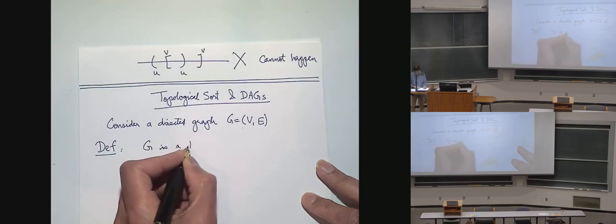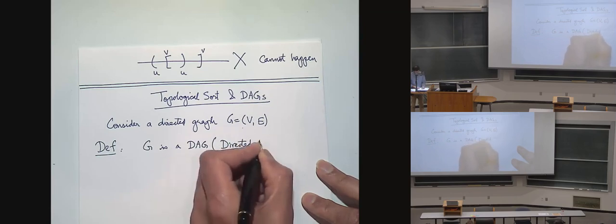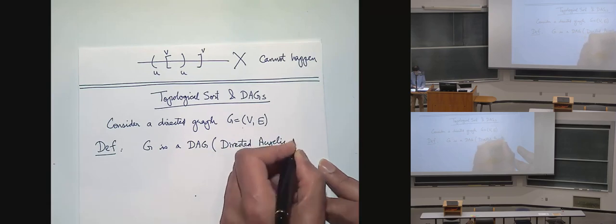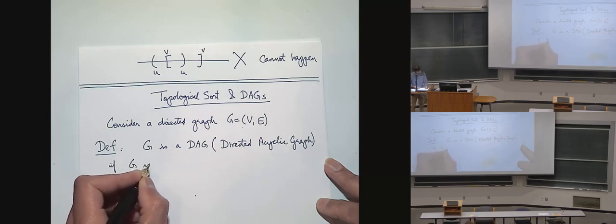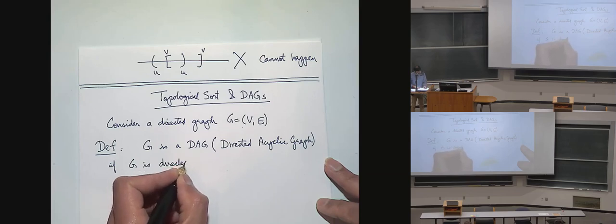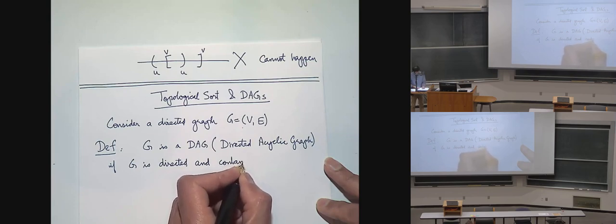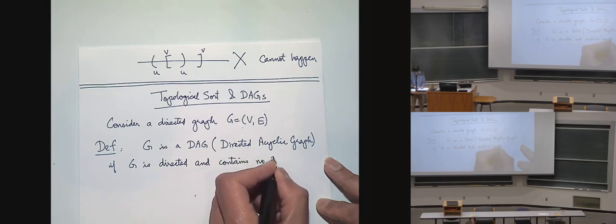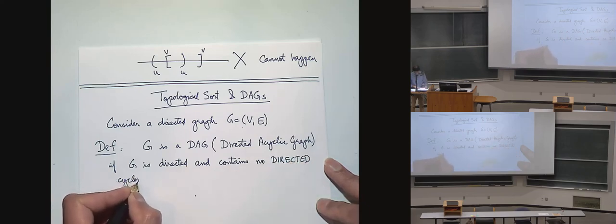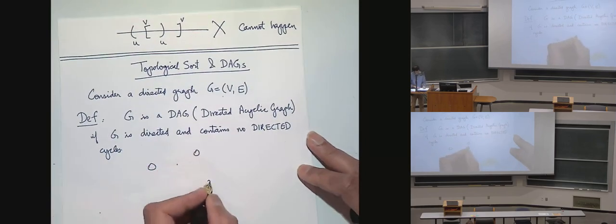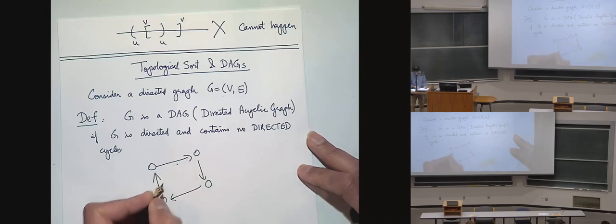G is a DAG, which is a directed acyclic graph, if G is directed and contains no directed cycles. So what is a directed cycle? That's a directed cycle.